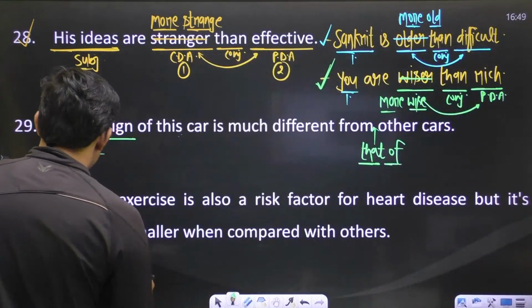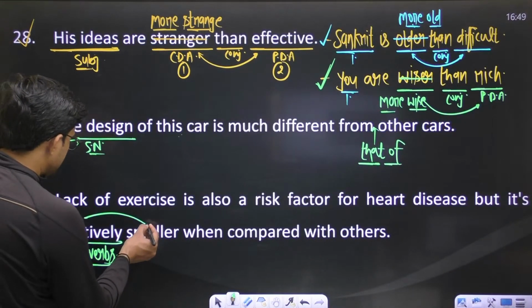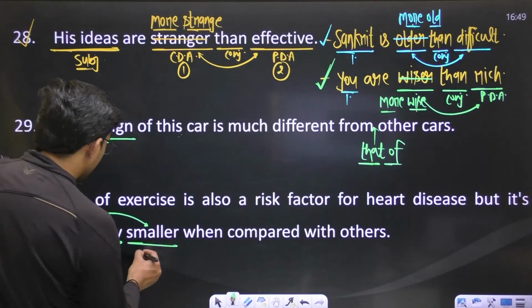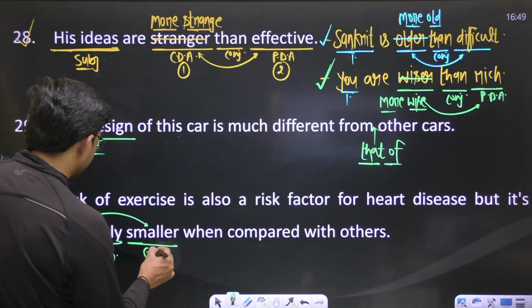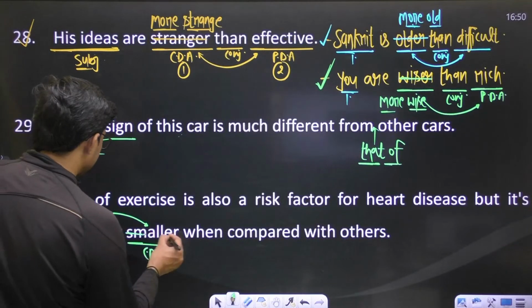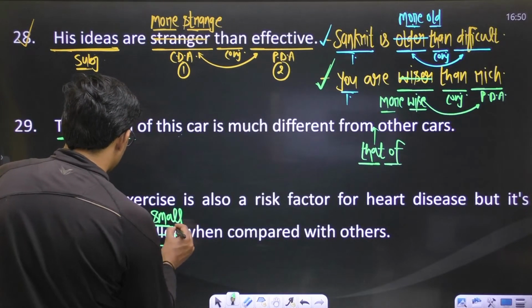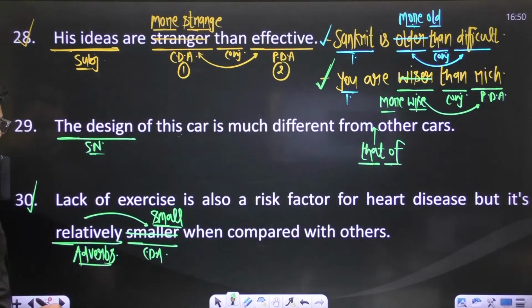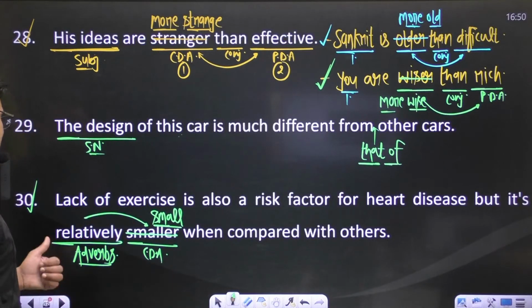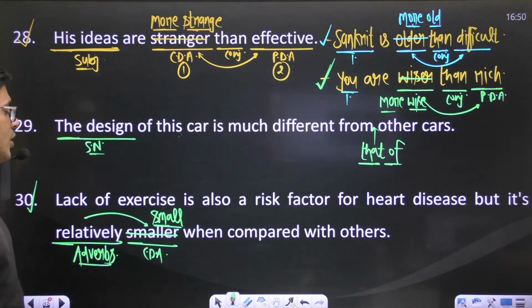Make sure after these adverbs, comparatively and relatively, we use an adjective of positive degree. This word smaller is an adjective of comparative degree. To make it positive degree, use small. The sentence will be like, lack of exercise is also a risk factor for heart disease, but it's relatively small when compared with others.